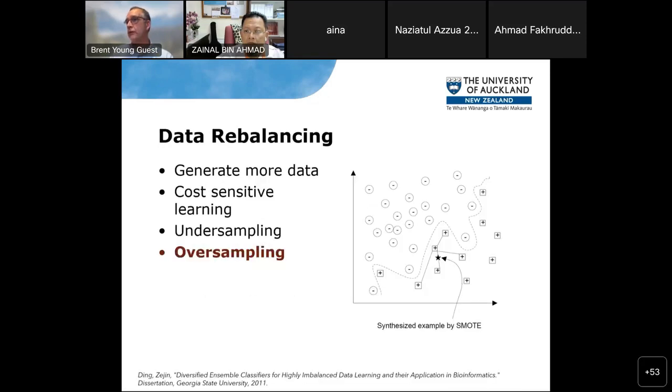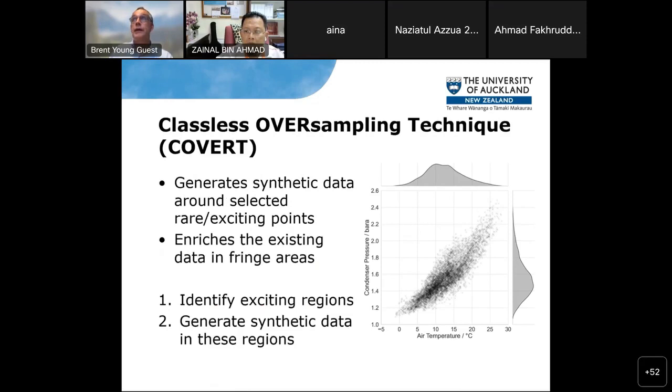I should say that SMOTE, this is the figure on here, is the current state of the art for this tool and technology. It's not designed for process data per se, and it comes from application in bioinformatics. So we developed this new technique called classless oversampling technique, or COVERT.